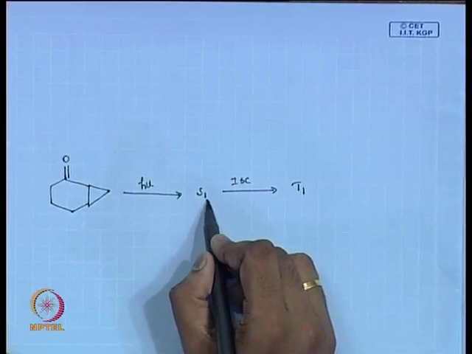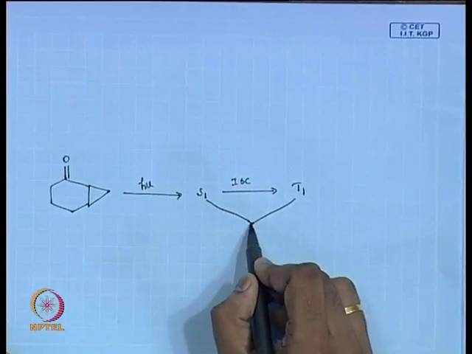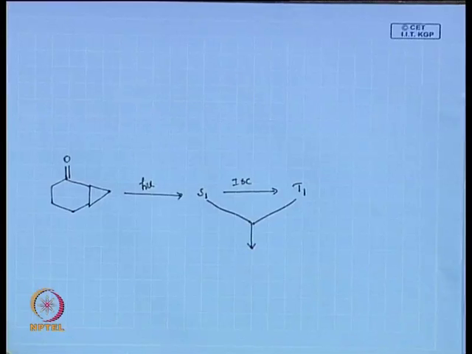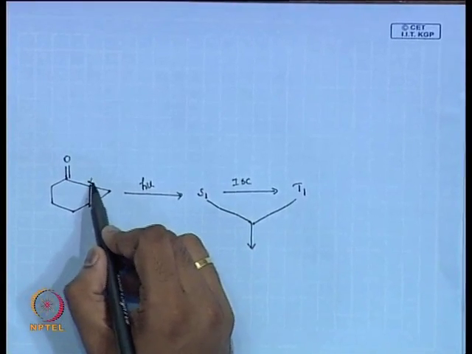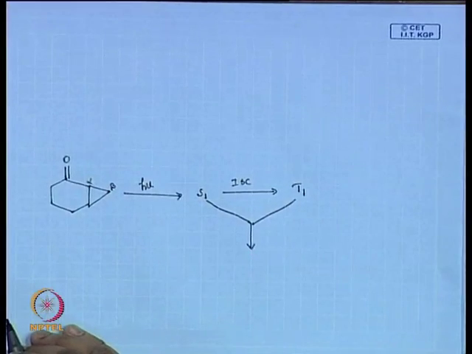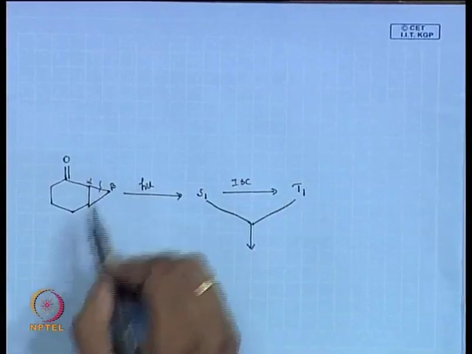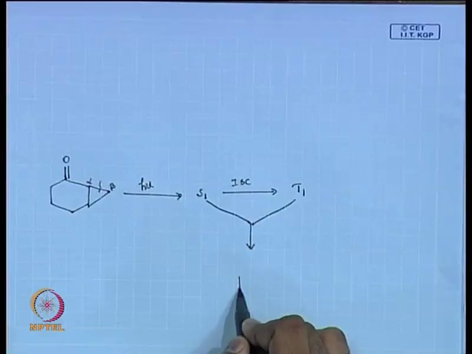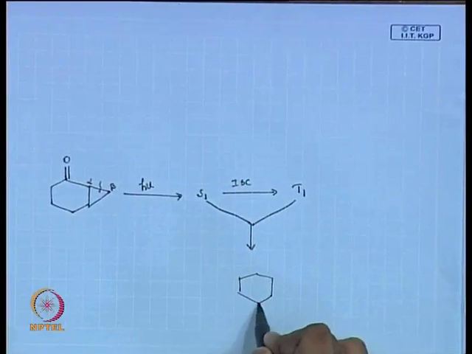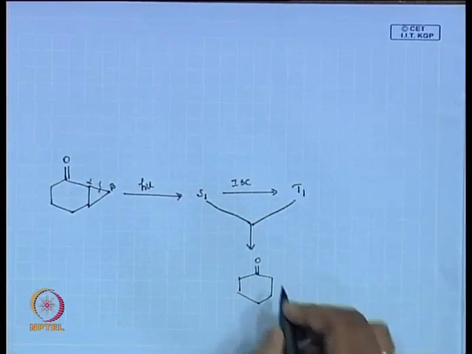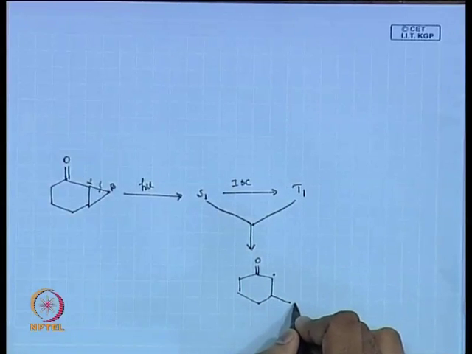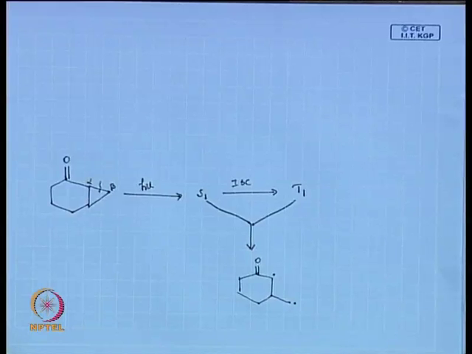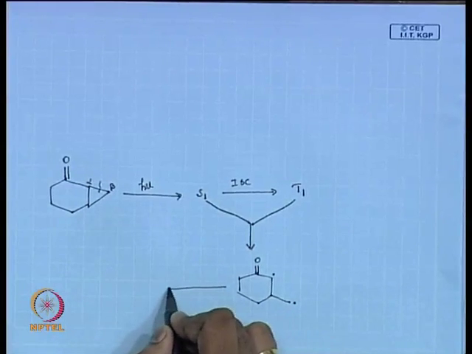So I can write here a system of what? I can call this alpha beta, right? So can I cleave this? You can get this, fine. So from this I can write two products.